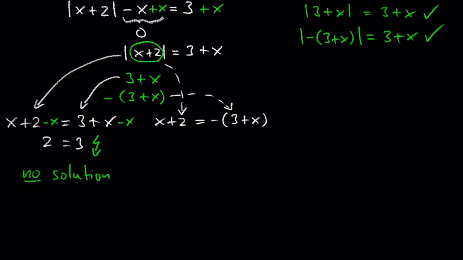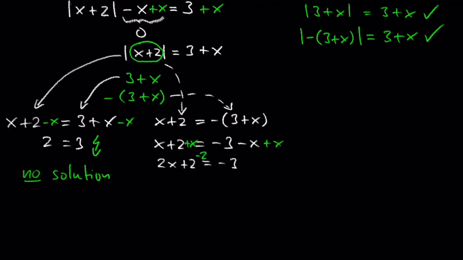Let's look at our second equation and remove the negative sign with the parentheses. That's very easy. We just have to flip the signs in front of the x and the 3, which then looks like x plus 2 is equal to negative 3 minus x. After adding x on both sides, we get 2x plus 2 is equal to negative 3.